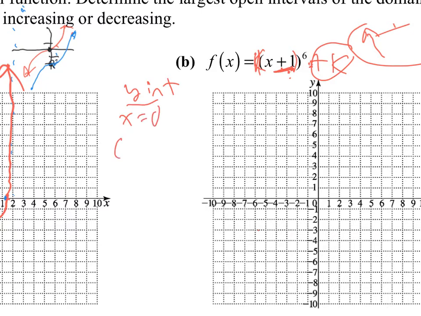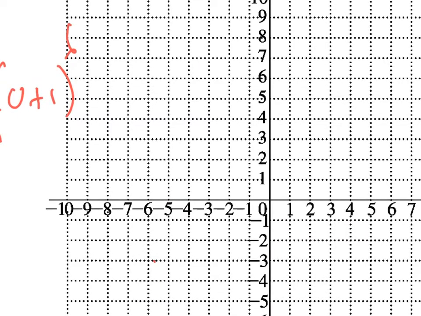So f of 0 will be 0 plus 1 to the 6th power. What is 0 plus 1 to the 6th power? 1. So 0, 1 is a point that I'm going to put on here, just like I did before. 0, 1. There's my y-intercept.